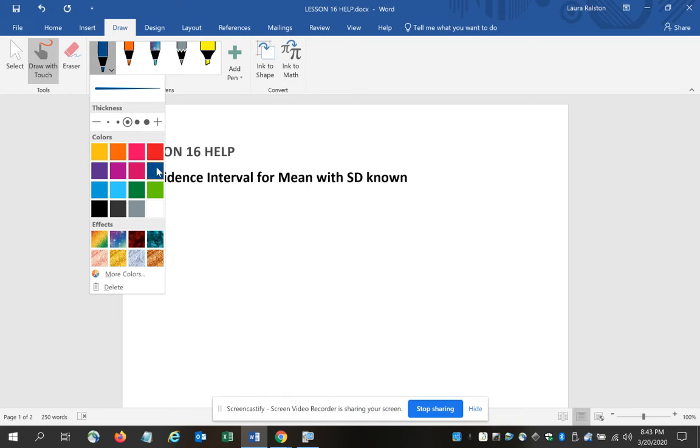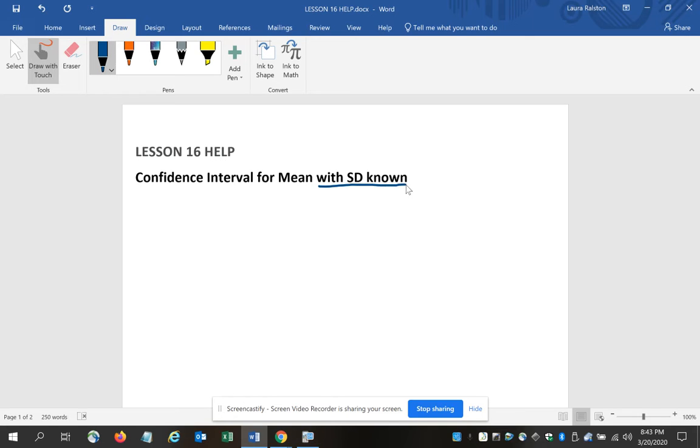Okay, so when you know the standard deviation, and it's really the population standard deviation, then what you're going to create, we refer to as a Z interval, because it is based on the standard normal distribution, which we often use the z-score with.